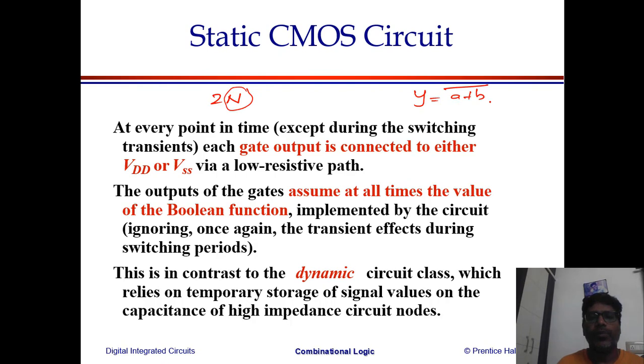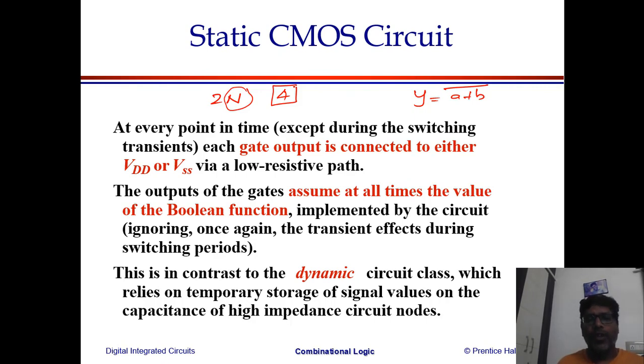Say it has two inputs a and b, so I require 4 transistors, 2 for NMOS and another 2 for PMOS. So you could make a PMOS tree structure and an NMOS tree structure, and thereby make a static CMOS. The beauty of static CMOS is that it's very systematic and you can very easily implement it, right?